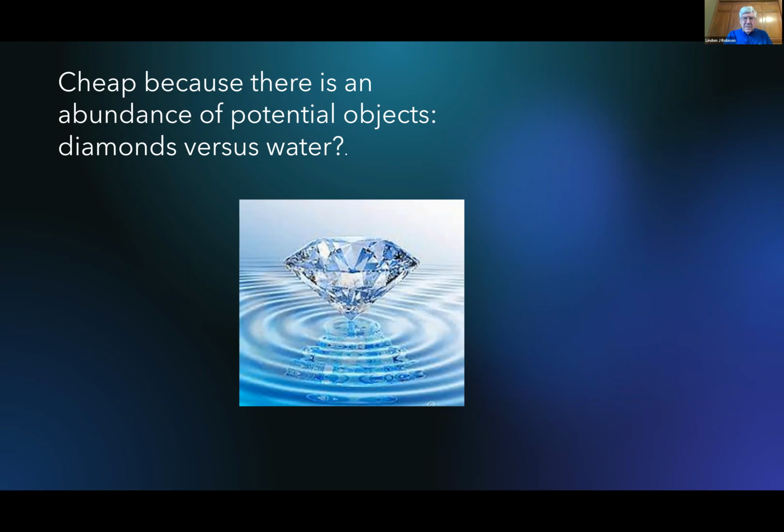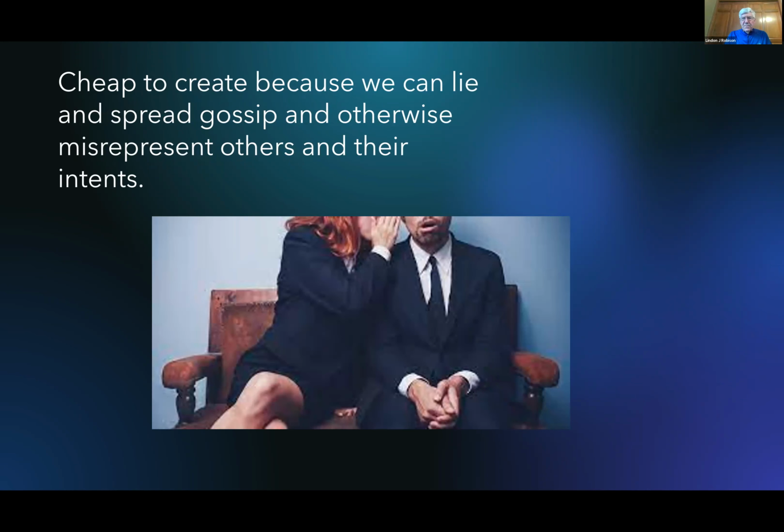And one of the reasons that cheap social capital is so cheap is that the potential objects are so abundant. They can be strangers, they can be people who are different, they can be competitors, they simply can be people that we want to take advantage of, blame for our misfortunes, and so on. So the first reason that we call them cheap is because they are simply so plentiful.